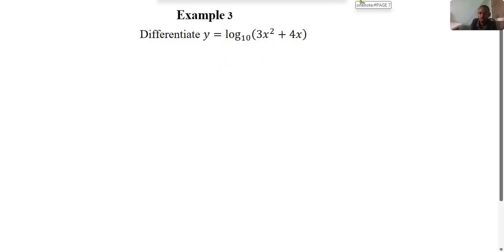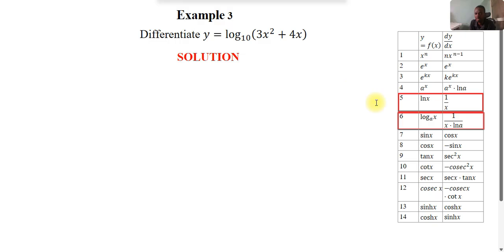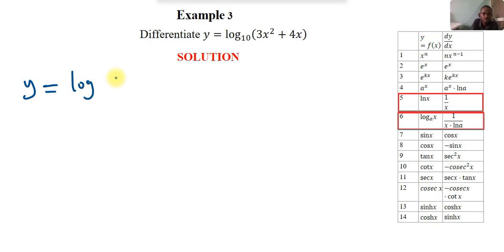So we are still going to make use of that standard derivative from the table. So we have y equals log (3x squared plus 4x) base 10.